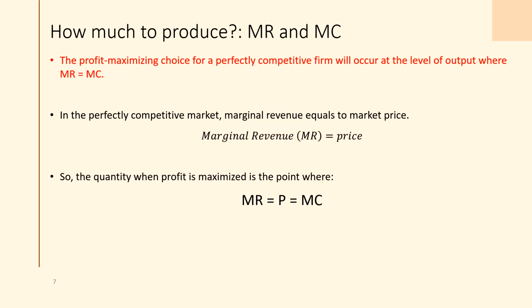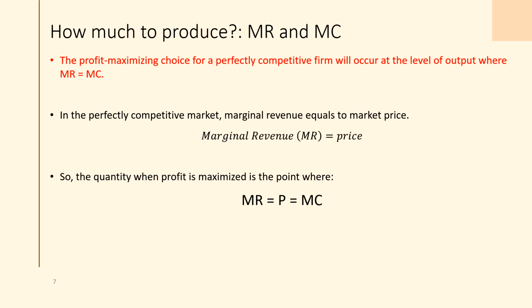Now let's talk about the important rule to find the profit maximizing quantity. A firm maximizes profit at the level of output where marginal revenue equals marginal cost. In perfect competition, marginal revenue is equal to market price.